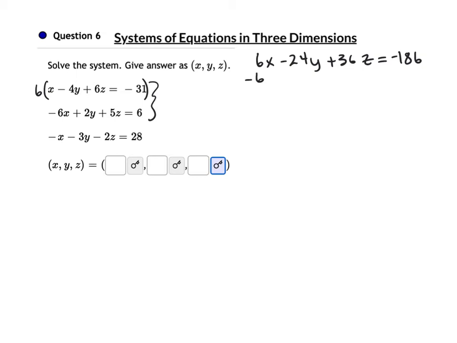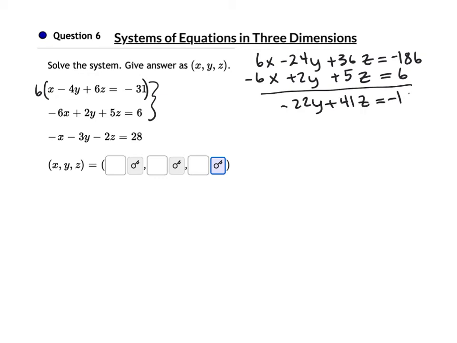I'll rewrite the second equation. And add. We get negative 22y plus 41z equals negative 180.